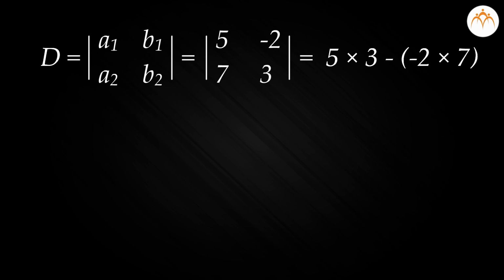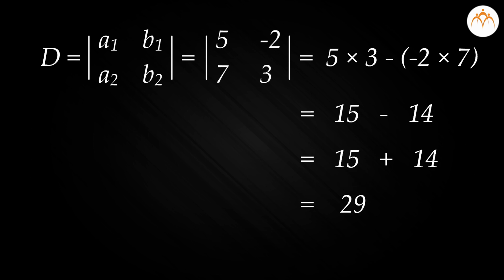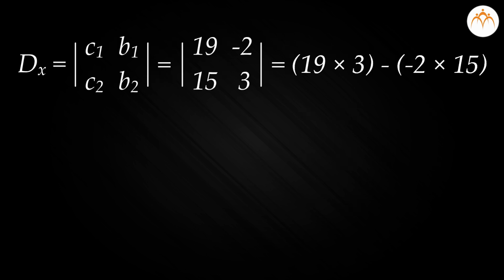Now, determinant D is equal to a1 and b1, a2 and b2, equal to 5 and minus 2, 7 and 3, is equal to 5 into 3 minus minus 2 into 7, equal to 15 plus 14, is equal to 29. Therefore, D is equal to 29.